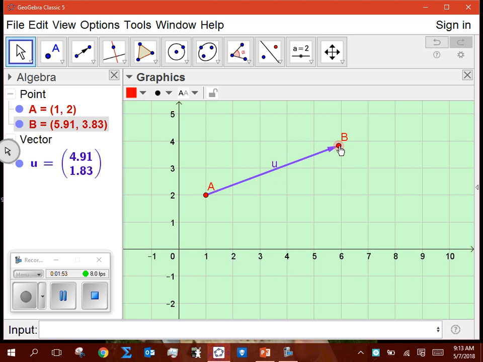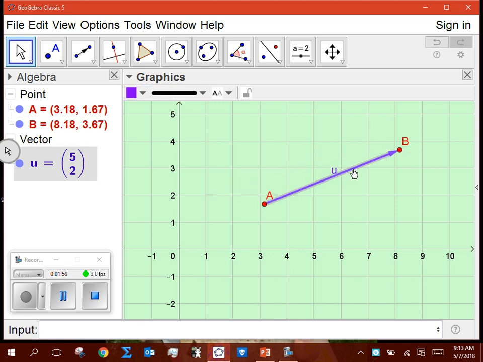But if those numbers don't change, what's it tell me about the vector? It's the same vector, right? So this vector here, where it starts at A being 2, 3, is the exact same thing as if that vector started at 0, 0. Does that make sense? They have the exact same length, no matter where it's at, and it has the exact same direction.